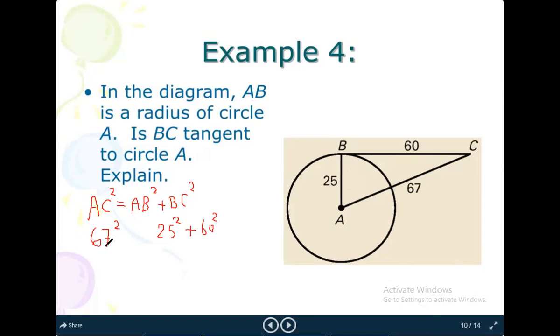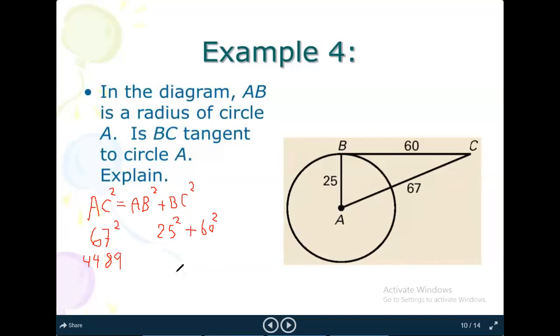Could you please tell me 67 to the power of 2, it will be how many? 4,489.